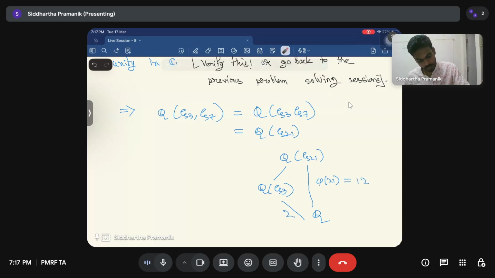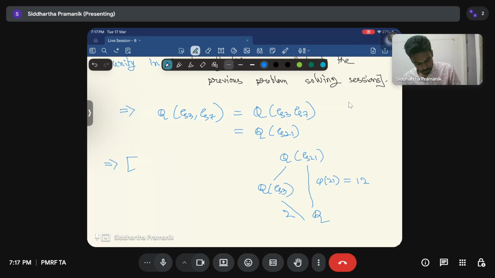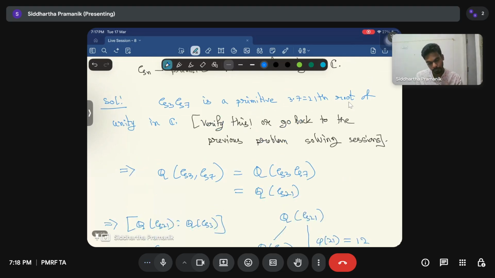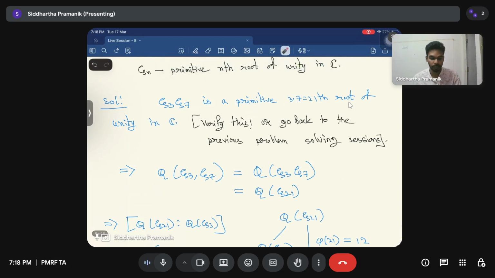So we need to find this part. So this will imply the degree of Q adjoin zeta 21 over Q adjoin zeta 3 is 6. Yes. So using the multiplicativity of the degree, we can easily deduce this thing. So I'm leaving this part for you to verify.